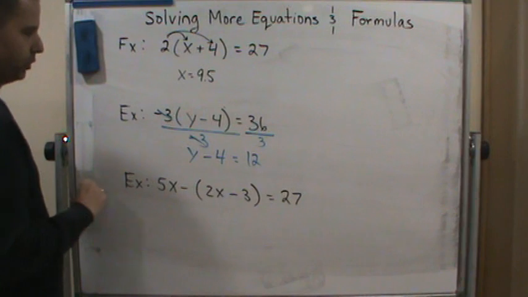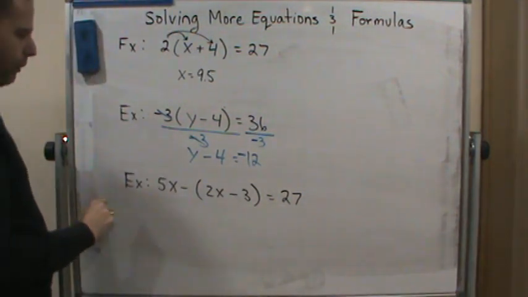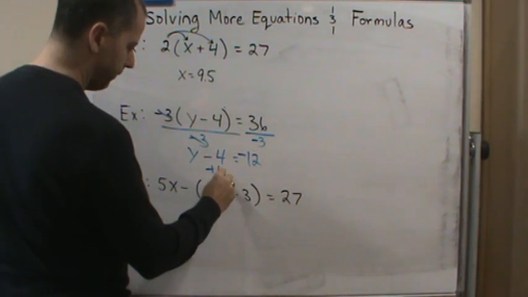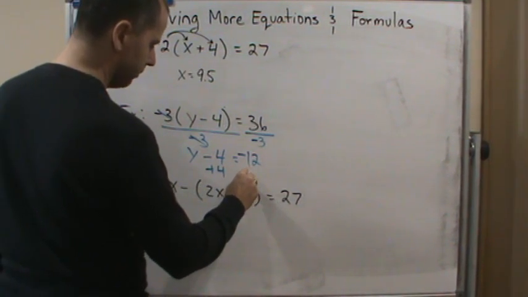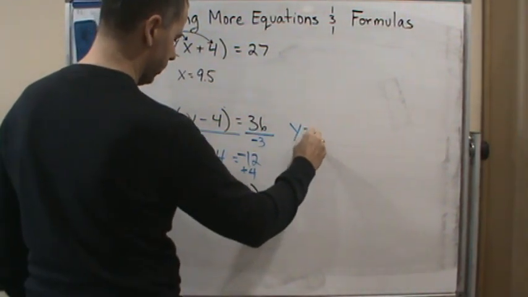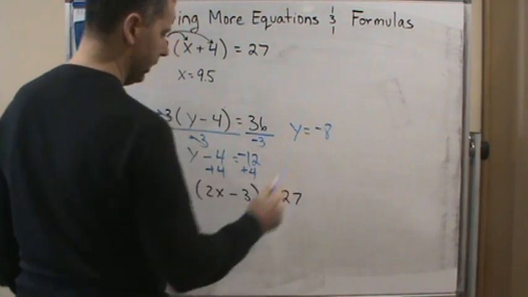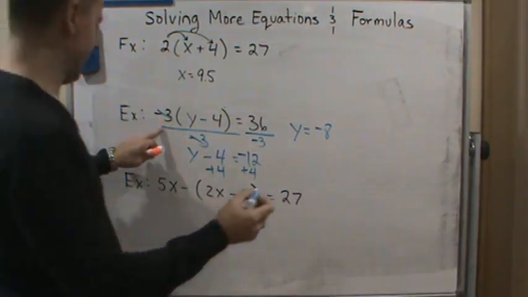Excuse me, I'm sorry, that's negative 12. And now what I'm going to do is add 4 to both sides, right? And so then I get y equals what? Negative 8.